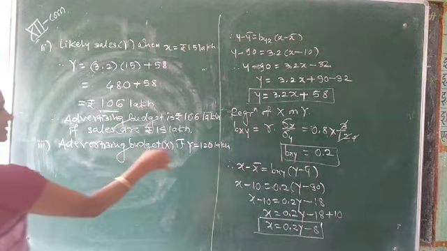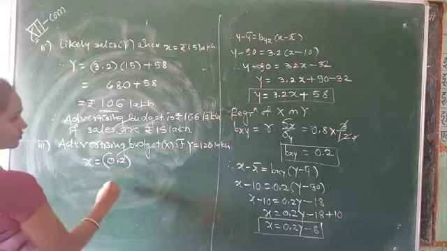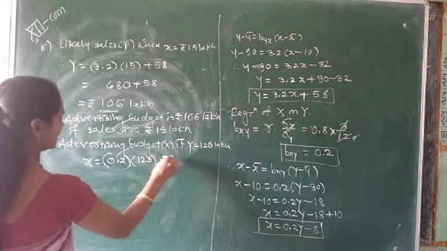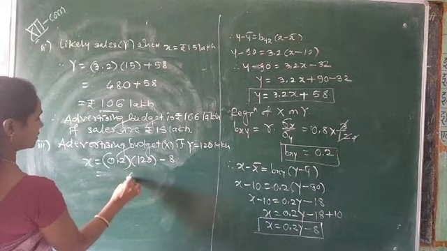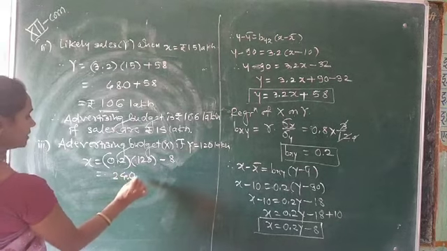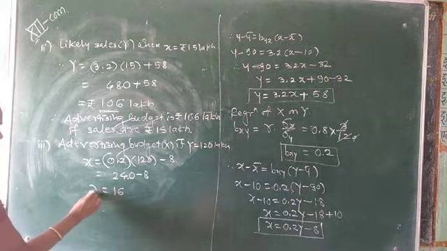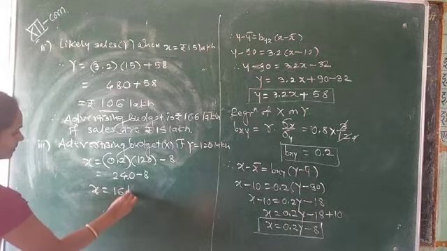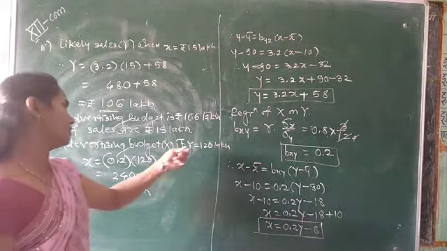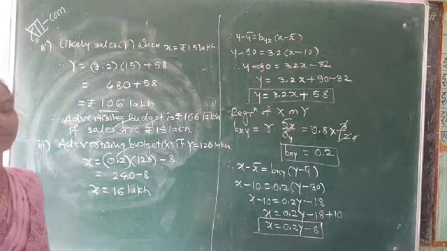That means estimate x when y is 120. Therefore, x is equal to 0.2 into 120 minus 8. So 2 0 0, 2 twos are 4 and 2 ones are 2, that is 24 minus 8, that is 16. Therefore, when the target sales is rupees 120 lakh, then the advertising budget is rupees 16 lakh.